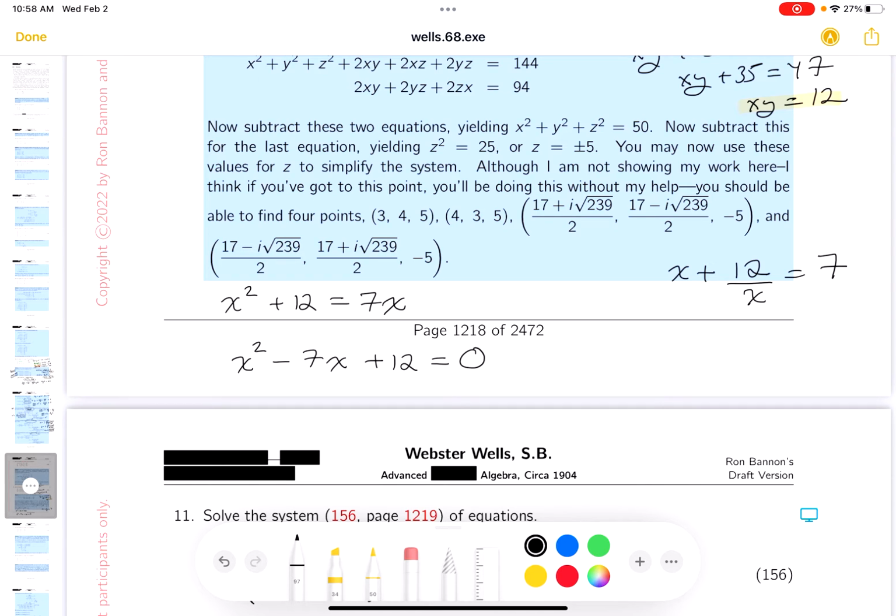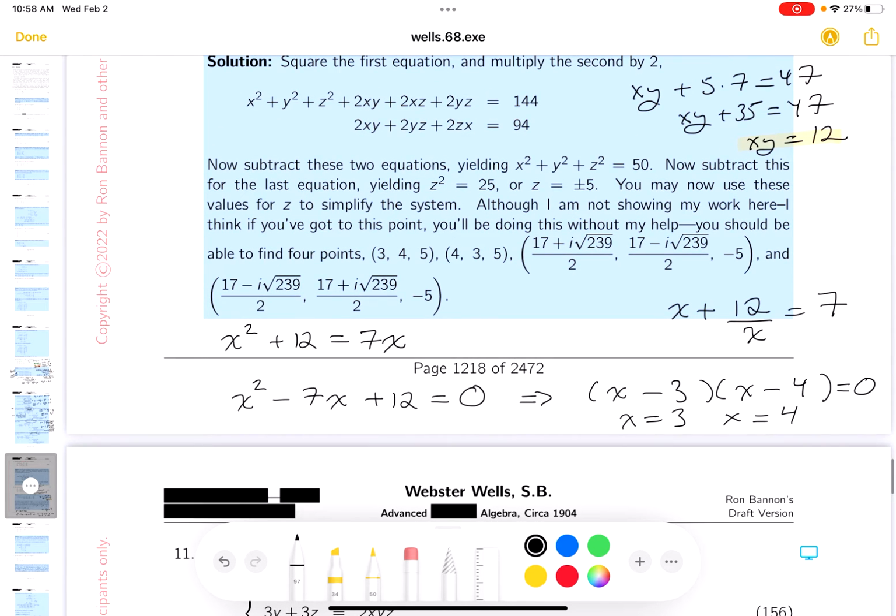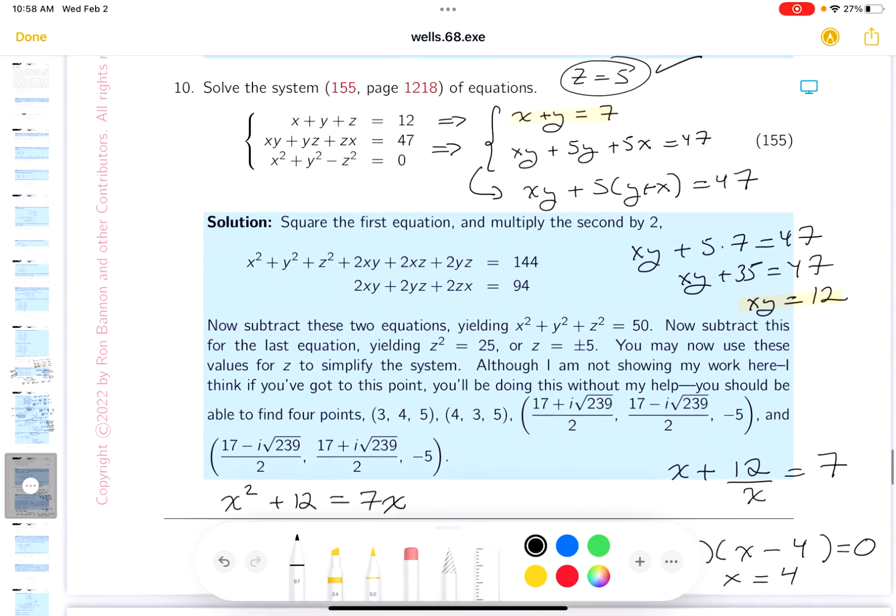That's pretty simple, isn't it? I can factor that. I'll point out what I mean by that. x and x. 3 and 4. x equals 3. x equals 4. Now, granted, I realize something. I don't even know where this is going here, but I'll tell you what, I know now.